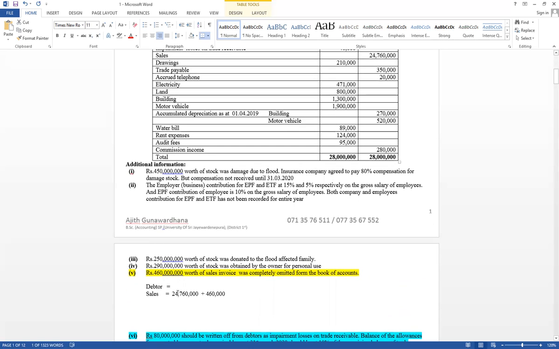That value also, then plus 460,000. Think: debtors account debit, sales account credit. The sales invoice was completely omitted, so it affects debtors and sales. Debtors account debit, sales account credit. Both the debtor and sales increase should be added.